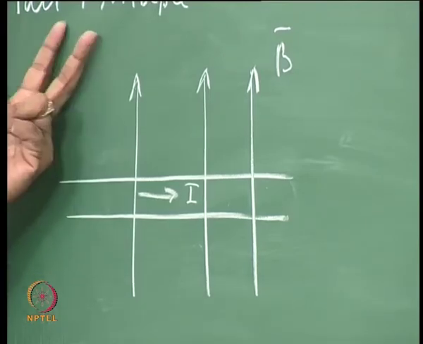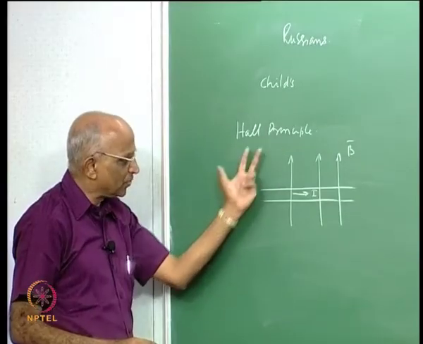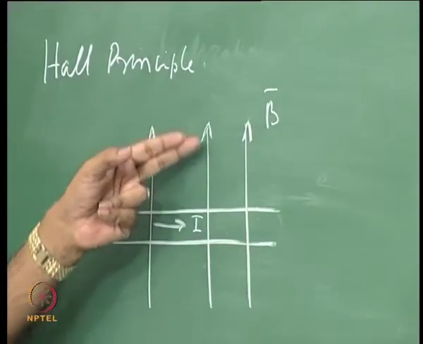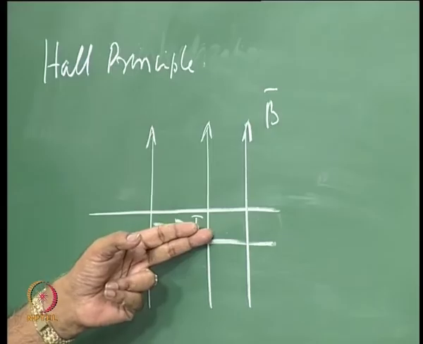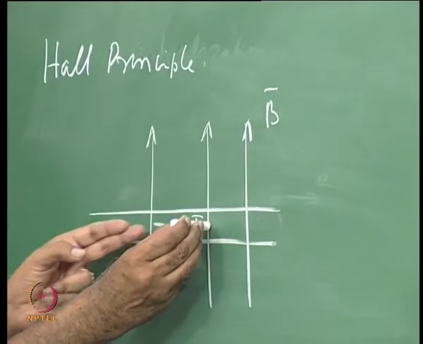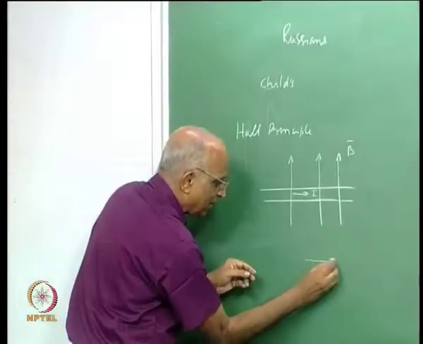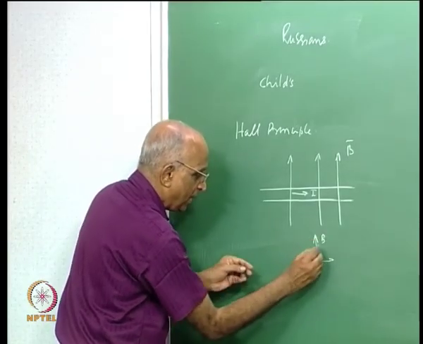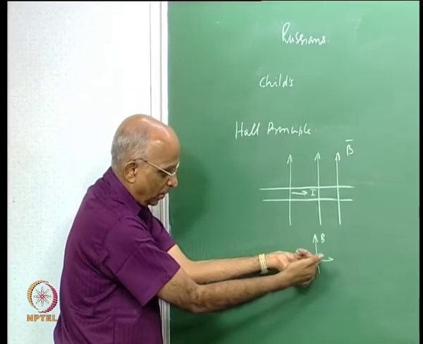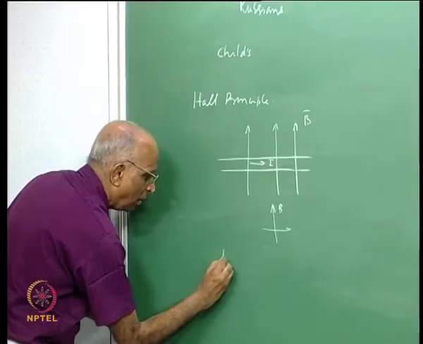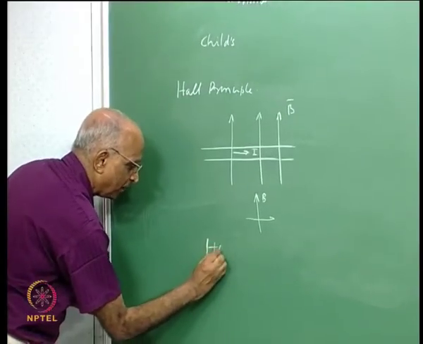Then the Hall principle states that when a conductor carrying a current is placed normal to a magnetic field, a voltage is generated normal to both the current and the field. In other words, if I pass a current in a field B, I generate a voltage normal to both, and this is known as the Hall principle or Hall effect.